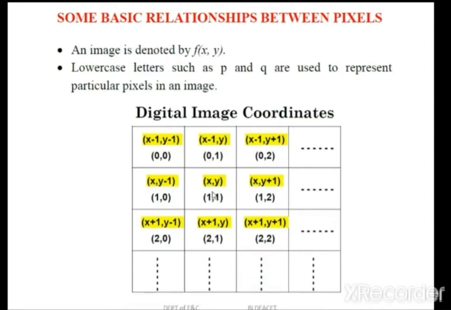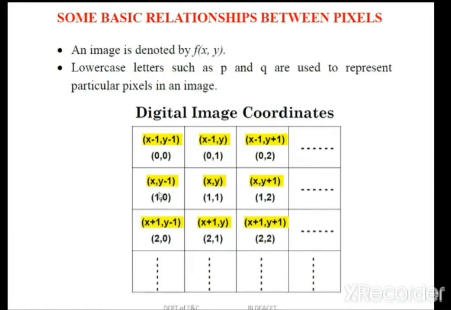In this particular notation, x indicates the row value and y indicates the column value. Now, if I denote the pixel at location 1, 1 as x, y, then the pixel exactly above this will have the location 0, 1, and in terms of x and y, it can be denoted as x minus 1, y.